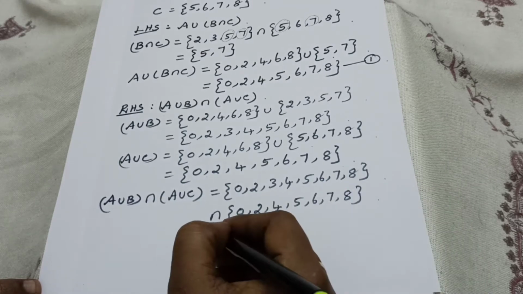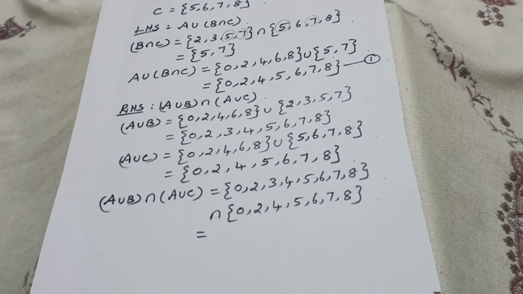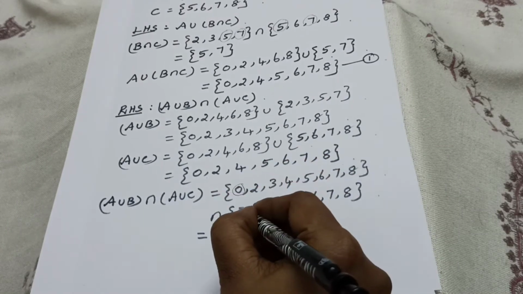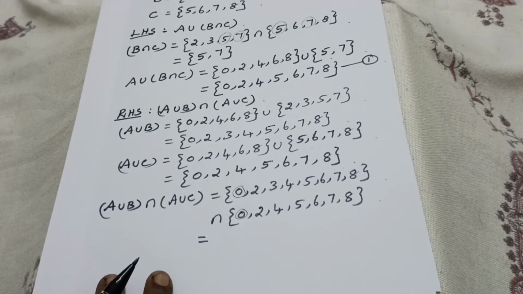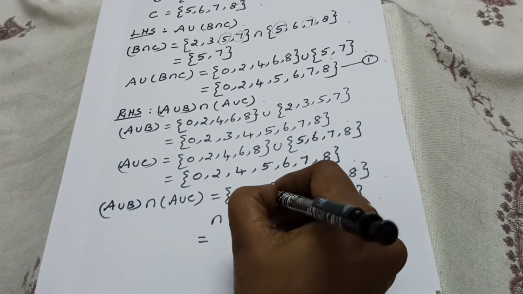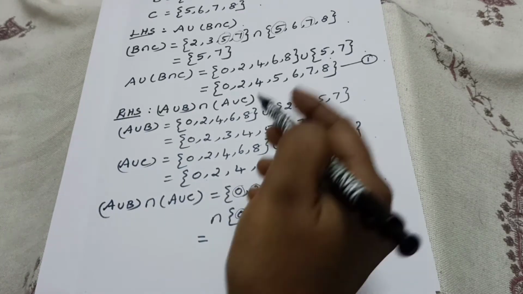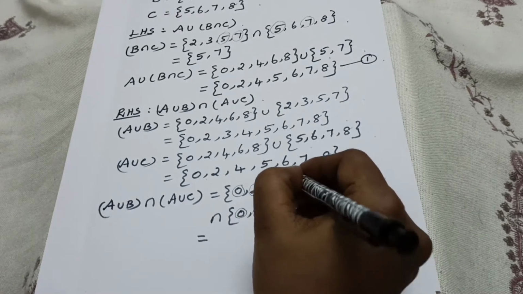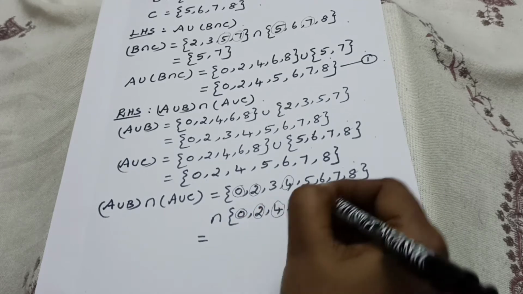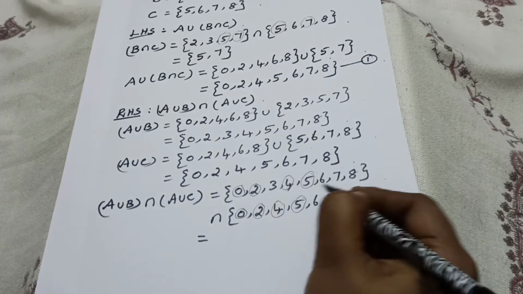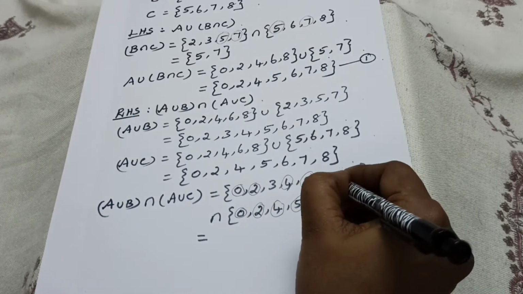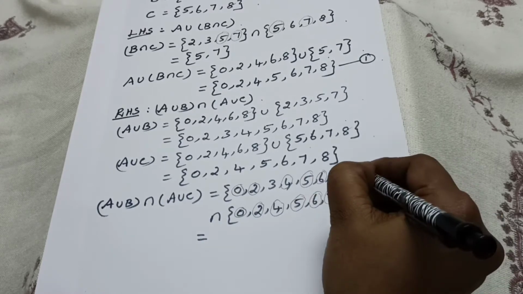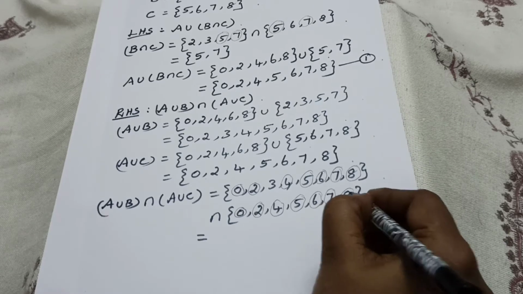In both, which is common? 0 is common, both also have 0. Round it. Then 2 also common. Then 3 is not in the second one, isn't it? 4 is common. Then 5 common, round. Then 6 also common. 7, very good. Then 8 also.